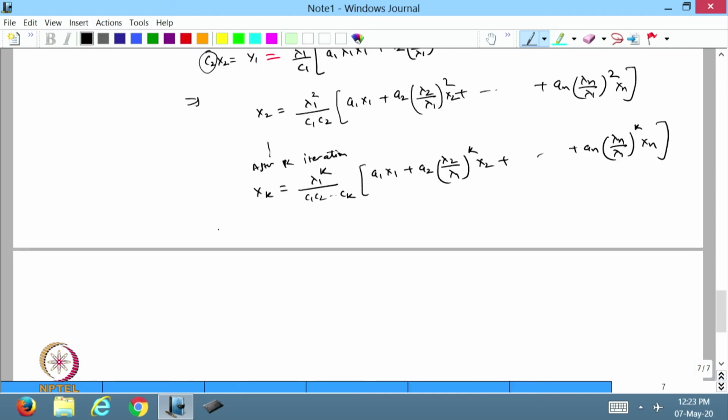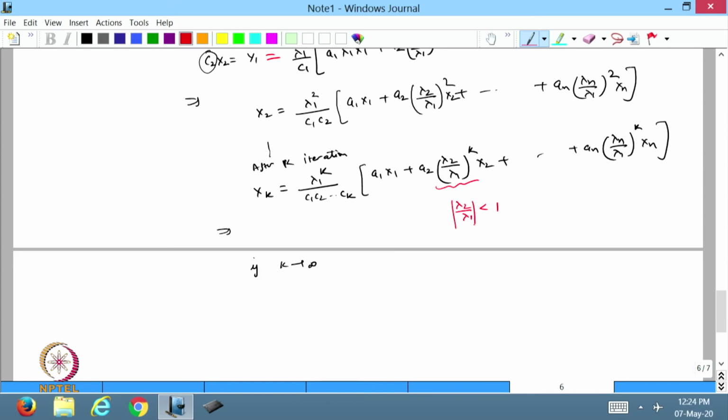Now, if k tends to infinity, let us see what will happen. All these factors, lambda 2 over lambda 1, are less than 1 in magnitude.